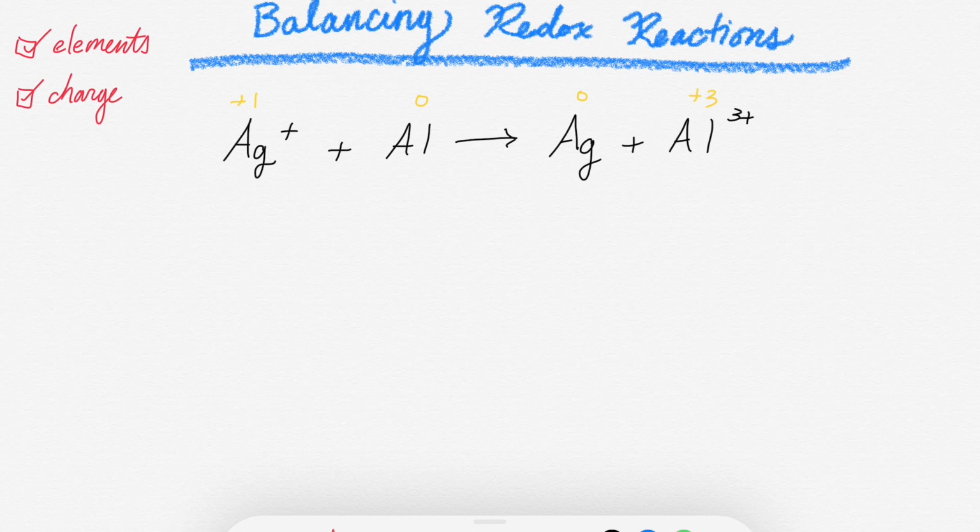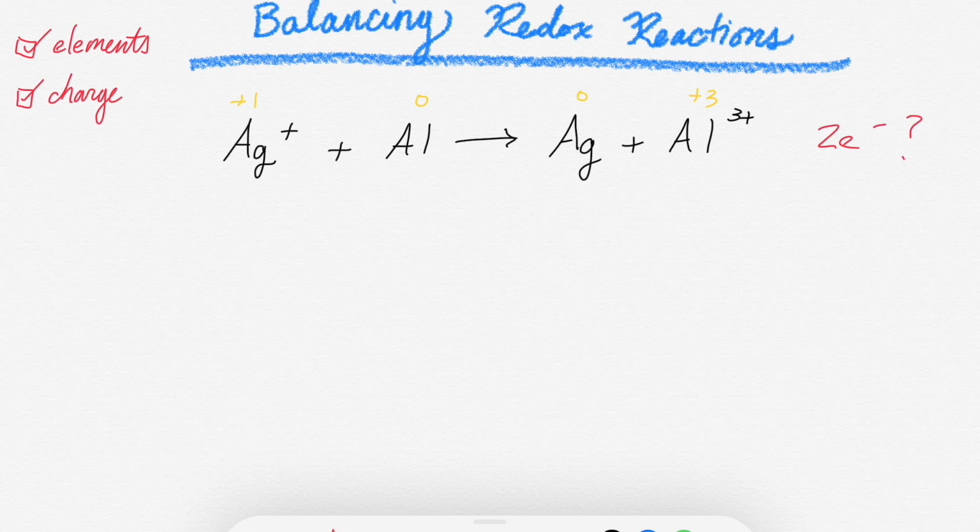So if aluminum is losing 3 electrons, but silver's gaining only 1 electron, where are those other, the missing 2 electrons? Well, that's why this is actually not balanced. Remember, for it to be balanced, we have to abide and obey by the law of the conservation of mass. We can't destroy mass. We can't create mass. And so we are actually not balanced because we have 2 electrons that have magically disappeared.